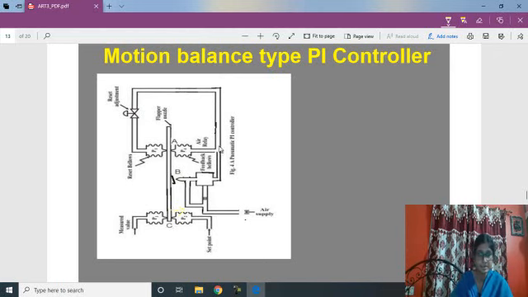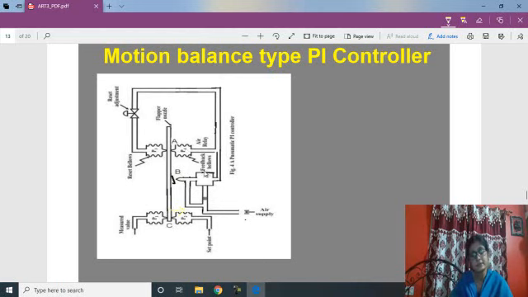The pressure signal will move to the other side, the reset bellows, through the reset restrictor. This is called the reset adjuster, through the restrictor. So that will be a delayed effect compared to this feedback bellows.